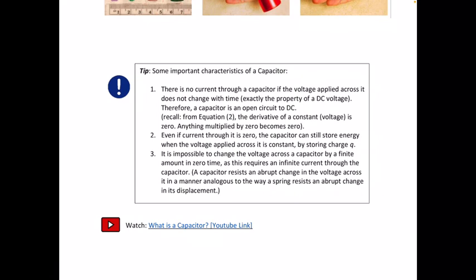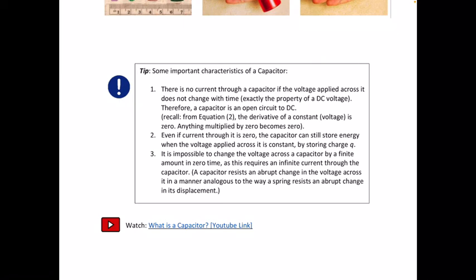The third characteristic that we need to remember is that it is impossible to change the voltage across a capacitor by a finite amount in zero time, as this requires an infinite current through the capacitor. Just as an analogy, a capacitor resists an abrupt change in the voltage across it in a manner analogous to the way a spring resists an abrupt change in its displacement.